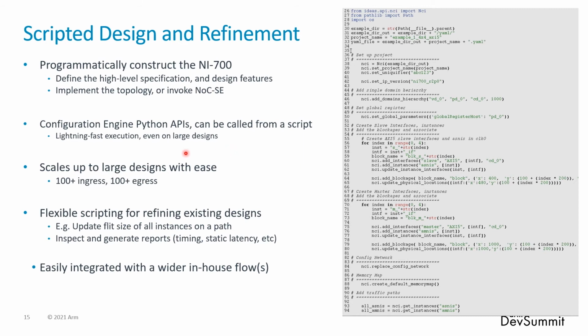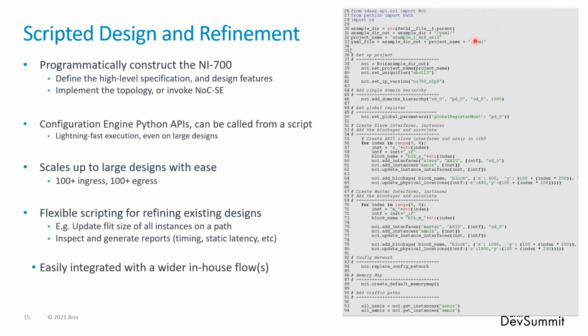The execution is lightning fast, even on large designs, and it scales very well to the capacity of the NI 700 product, which is 128 cross 127 interfaces. The interface is quite flexible, and the users can very easily use it to either refine or generate a new one.